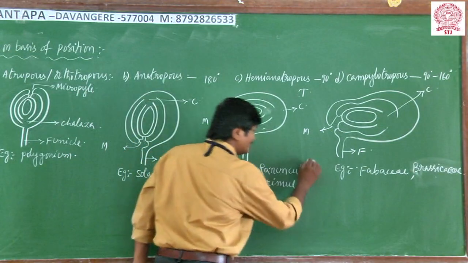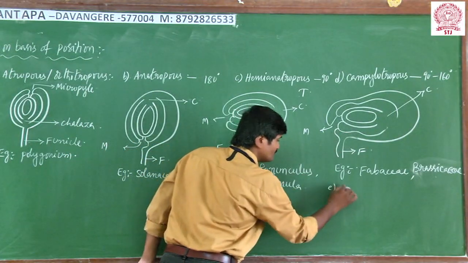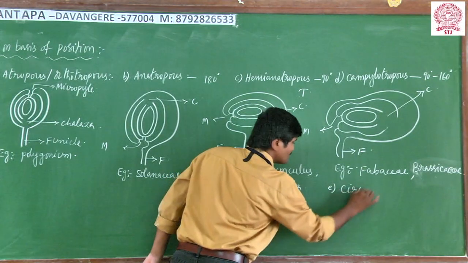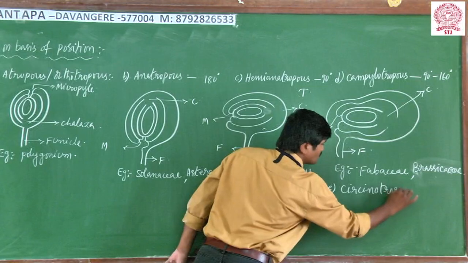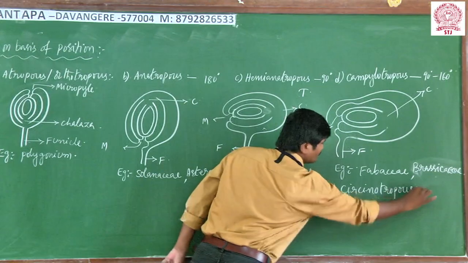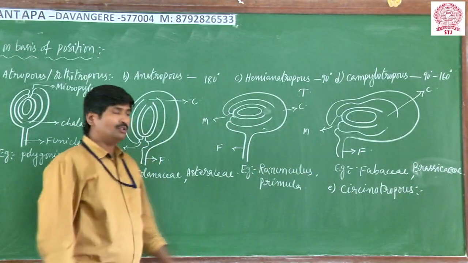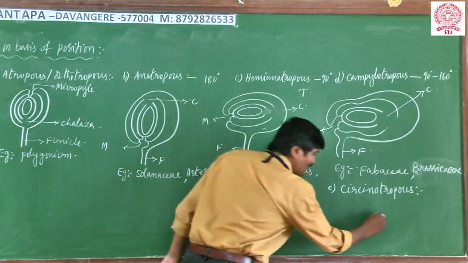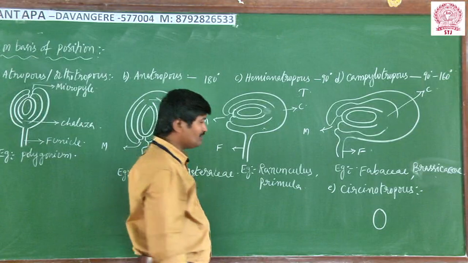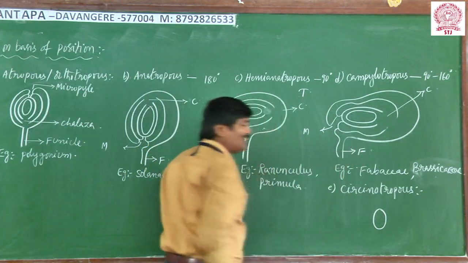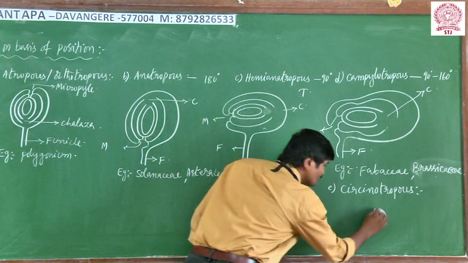And the last one, circinotropous ovule. See here, the entire ovule has a long funicle structure present.